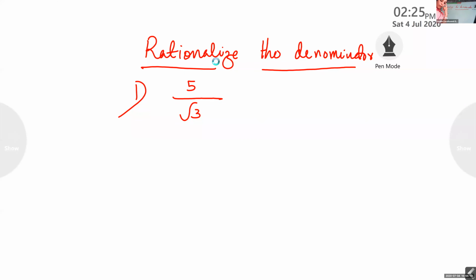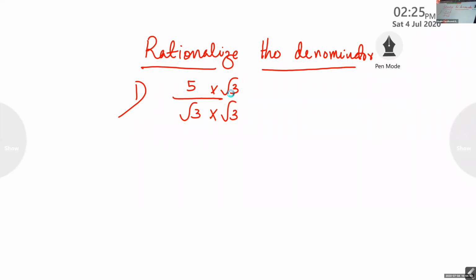For that, we are going to multiply the denominator by the same root 3. But whatever we do in the denominator, the same process we should do in the numerator also. So you should multiply the same number.